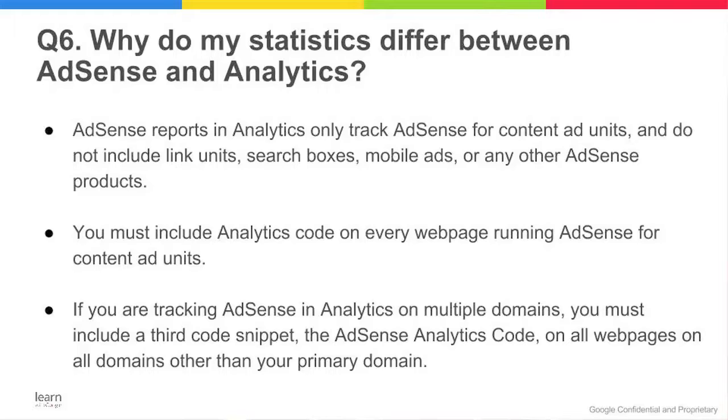And the last thing is to check if you are tracking AdSense in analytics on multiple domains, like in the previous example that I shared, domain A, domain B, and domain C. You must include a third code snippet, which is the AdSense analytics code. If you don't put this code snippet when you monetize different domains, you won't get any data from these non-primary domains, which will of course make your statistics wrong.